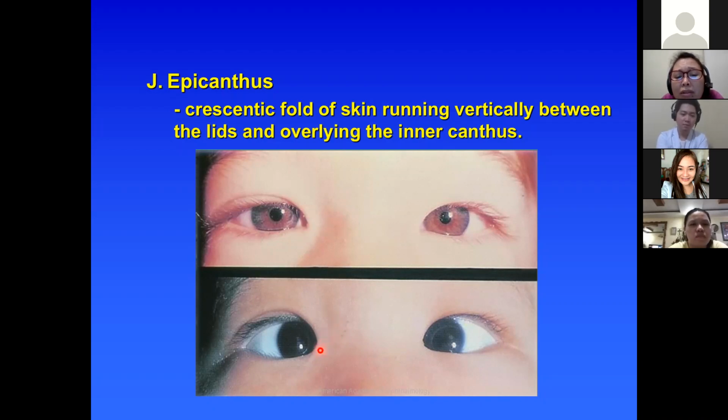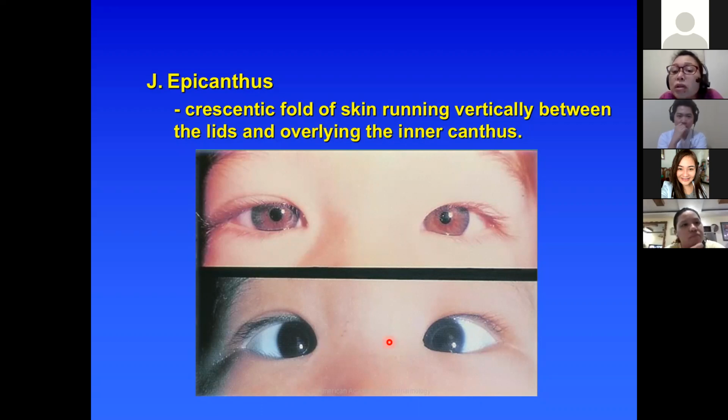In measuring your interpalpebral distance, dapat from medial canthus to the other medial canthus. Ito wala naman ang medial canthus mo dyan. It is being covered. Ito, meron, exposed siya. Ito, wala. So, you have to pinch it to see the medial canthus first.